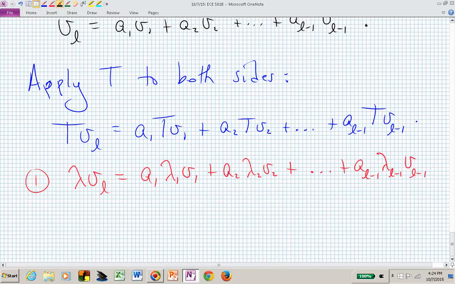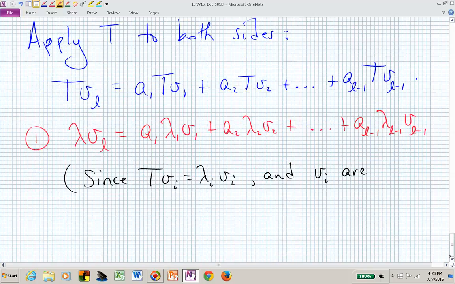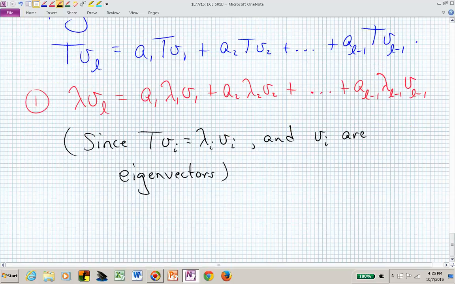We were able to do that because of the eigenvalue-eigenvector relationship. Here's the explanation. This is since T v sub i is equal to lambda sub i v sub i. Is everybody comfortable with 1?